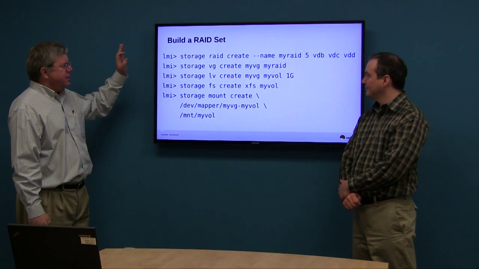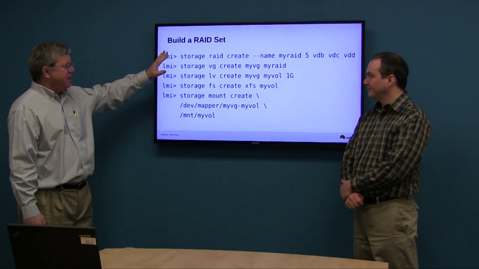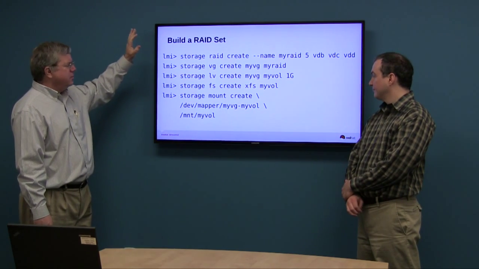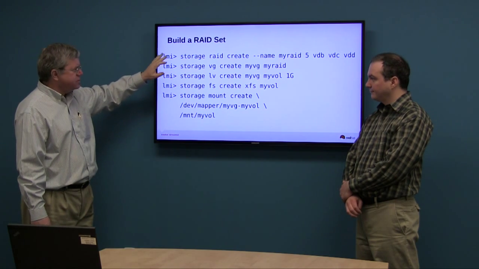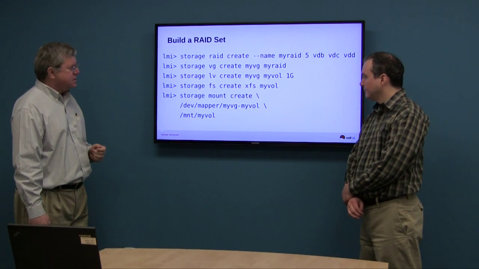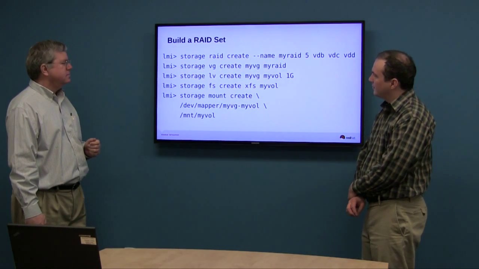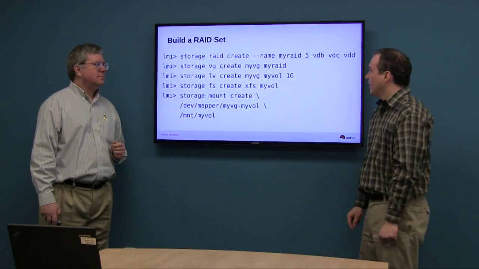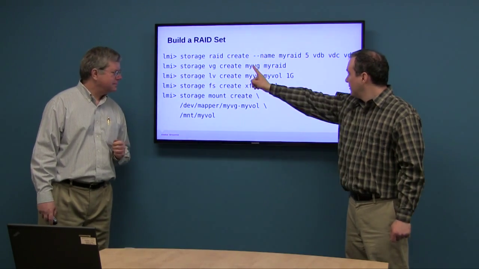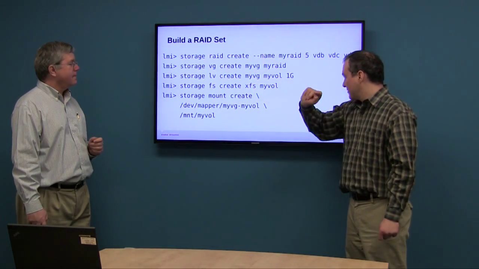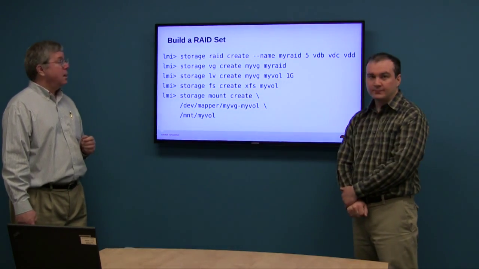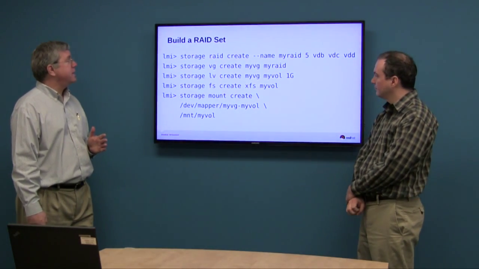I've been fighting with the LV create and the volume group create and the file system format. So we've got storage VG create. All right, I can do this. So what we've done here is we've taken the complexity away from using the MD RAID commands, the VG create commands, the LV create commands, the makefs commands, and the mount commands, and put them all into one common interface. So far, I'm liking what you're saying.